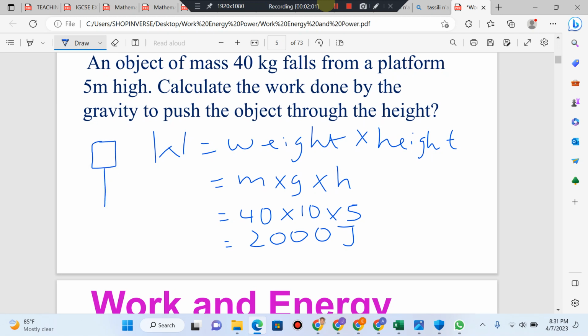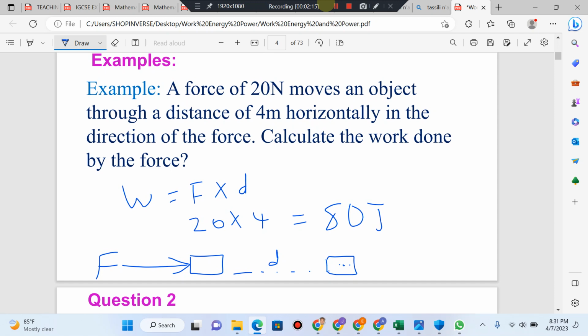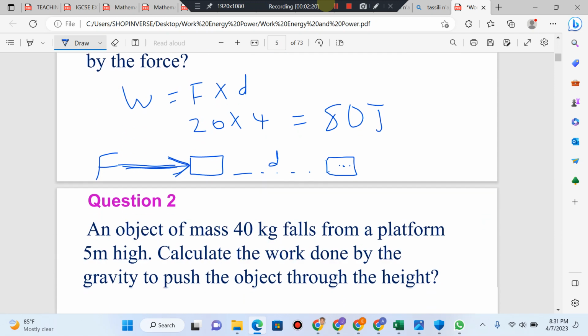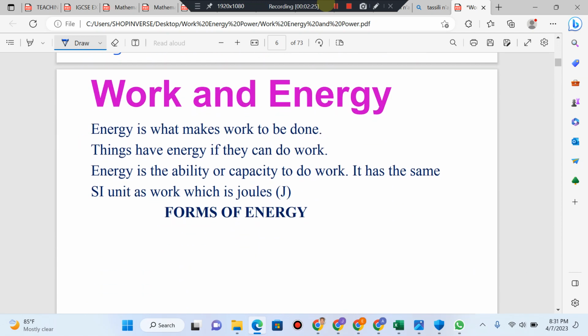And if you have an object that falls due to the gravitational field strength of the earth, in that case you'll be using mgh to calculate work done. If the work is done by gravity, you use mgh. If the work is done by a force moving along a horizontal plane, then you multiply the force by the distance.